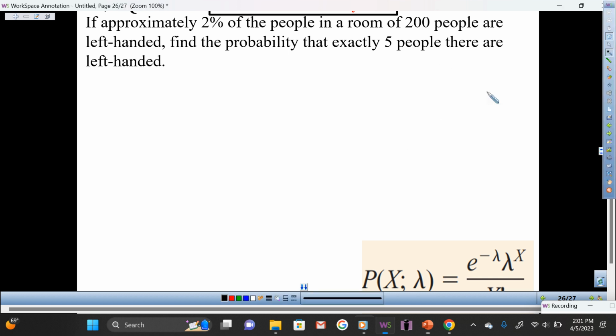Okay, so then let's start with our X. Lambda. E.